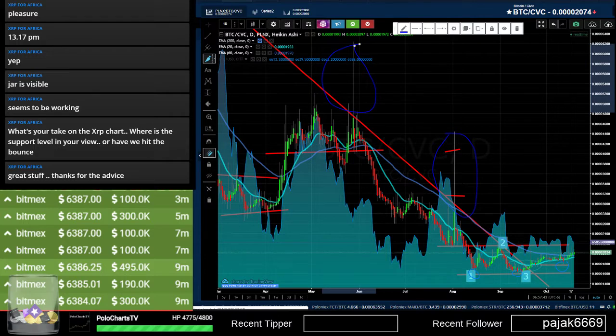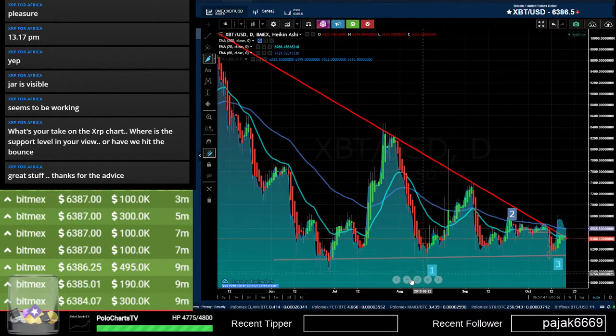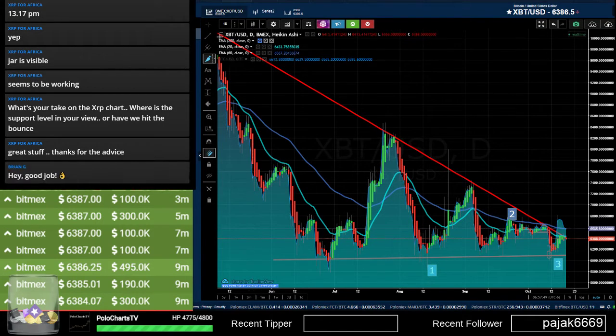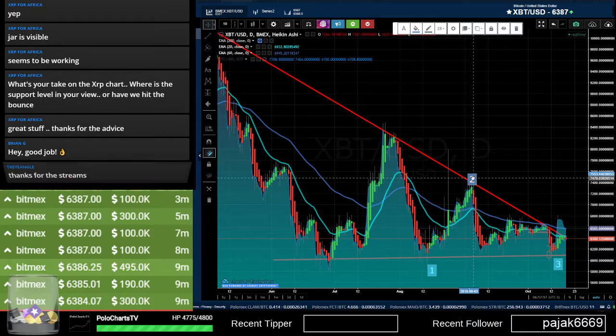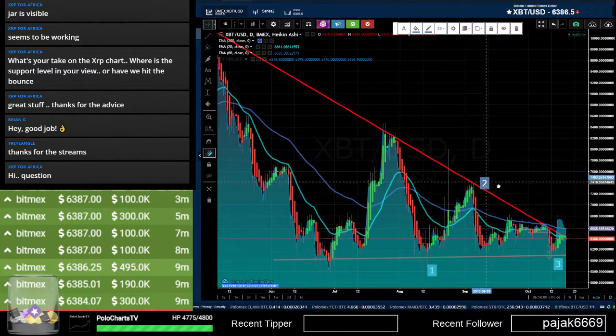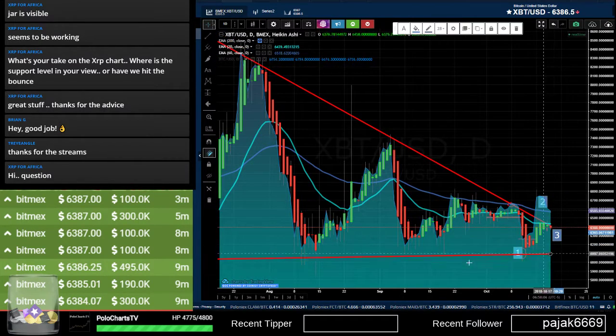Let's go to BitMEX. There's our 1, 2, 3 formation in Bitcoin, kind of. It's actually more accurate to say it's a 1, 2, 3 in this range, and it's also a 1, 2, 3 in this range too, when you zoom in.